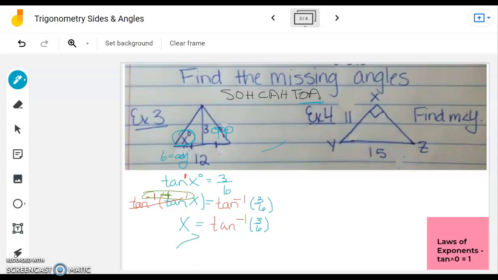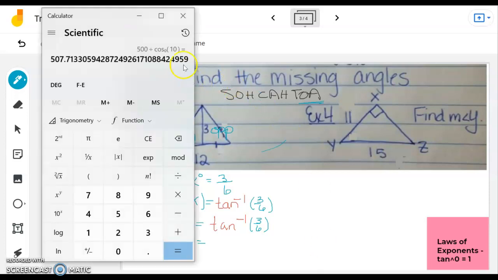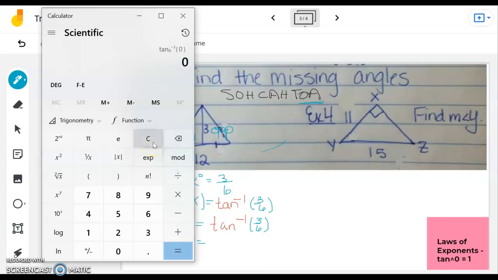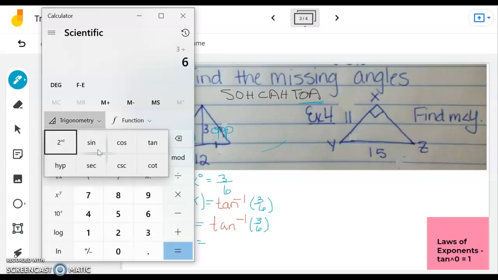Now we're going to find out what x is. So bring your calculator up. And I need the inverse tangent. So there's the second button, and all of those should have that -1. So I need the inverse tangent, but I think I probably needed to put my 3/6 in there first. Yep. I need my 3/6 in there first.